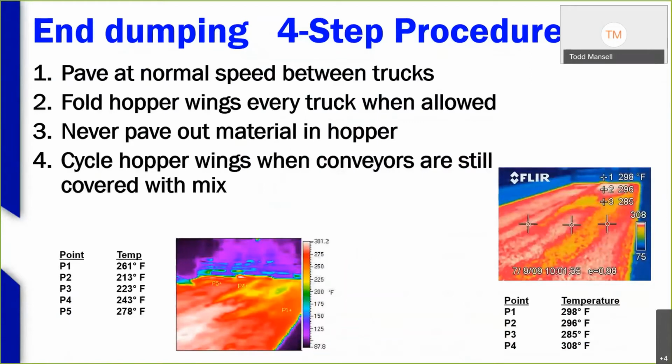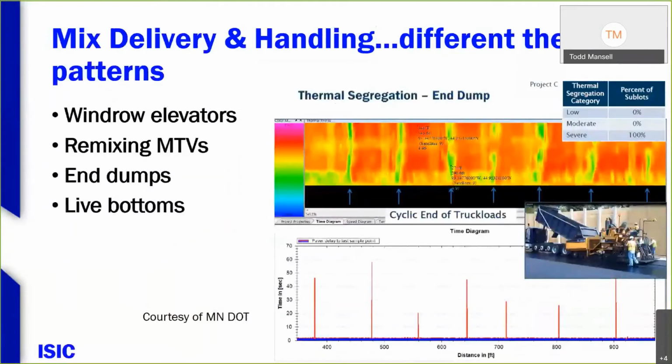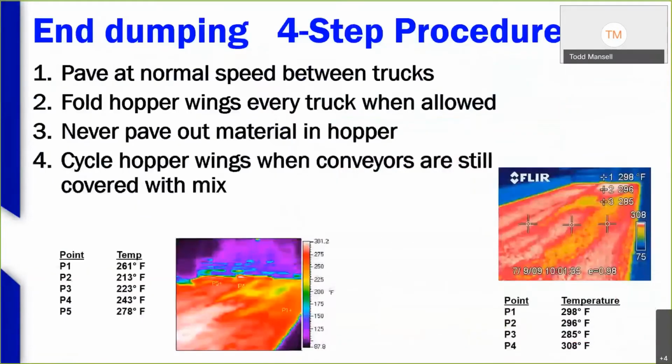So just in that example, end dumping. Generally we're looking at end dumping, and it's an operational thing in this case. If we look at the slide again, I'll back up here. We can see the end of truckload, differences in temperature there. That tells me as a paving crew, are we following a good end dumping procedure?